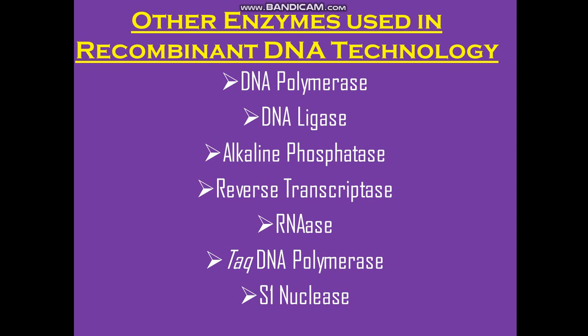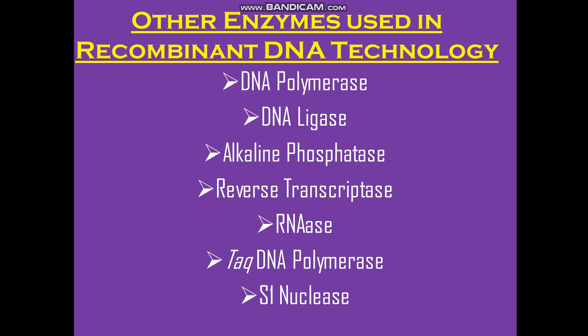Next is reverse transcriptase. Reverse transcriptase can be called an RNA dependent DNA polymerase because it synthesizes DNA from RNA. So it is a technique which is reverse to transcription. Transcription I still have to teach you.